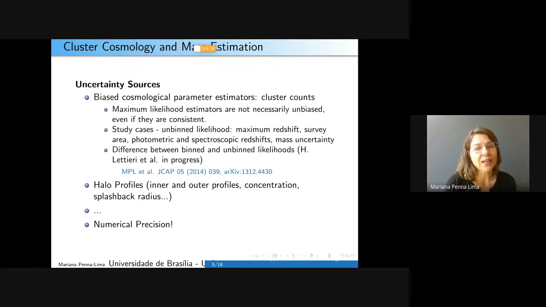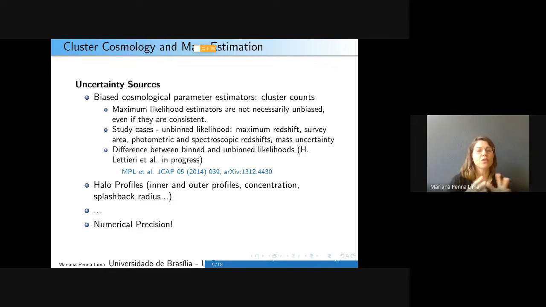In another study that we are carrying out nowadays, a master project of a student, we are comparing the bias and the results that we obtain considering binned and unbinned likelihoods. Martin Makler and I started this analysis about 10 years ago, and we noticed that we obtain considerable differences between binned and unbinned likelihoods.